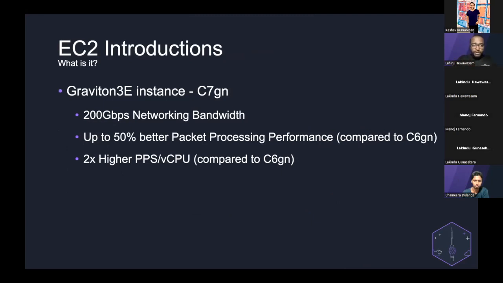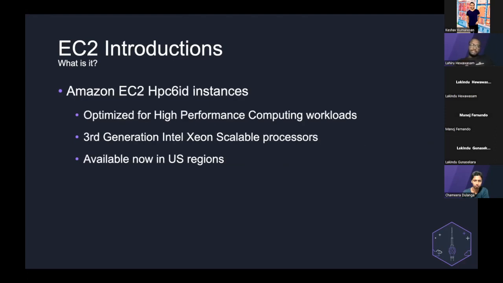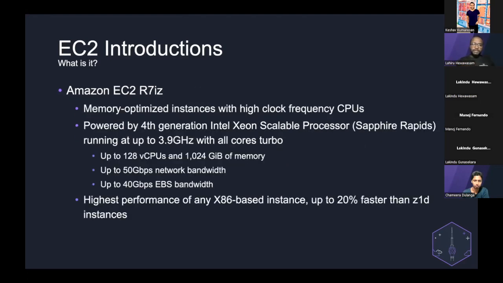So we have other instances that are optimized for high performance compute workloads, such as the HPC6id instances. And we have another set of EC2 instances that can support more memory optimized workloads, right?